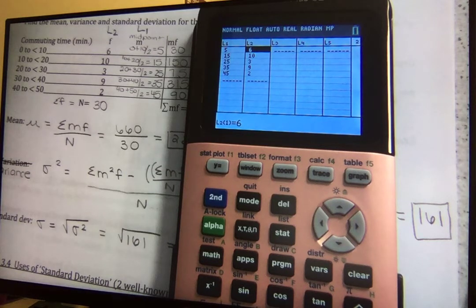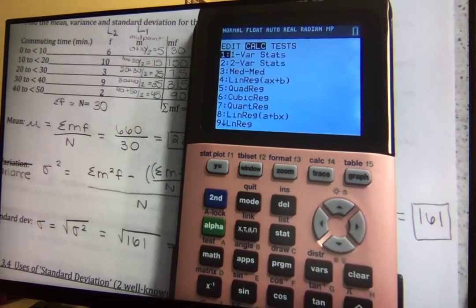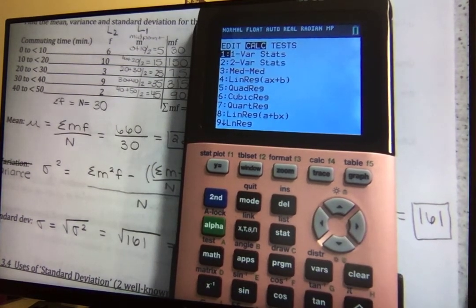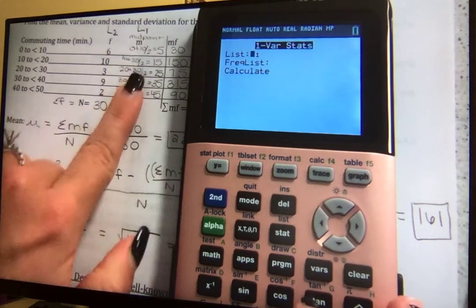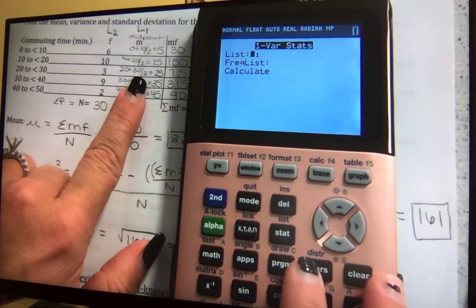All right, so going back to stat, I want to calculate. I only looked at commuting time, so I only have one variable. So one variable statistic, press enter. It asked me my list, which is my midpoint. That is L1.